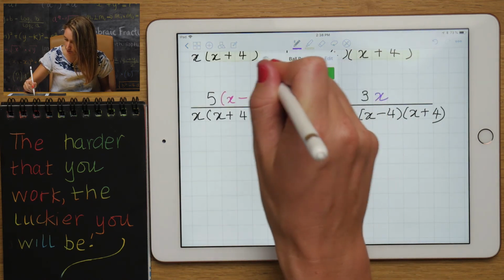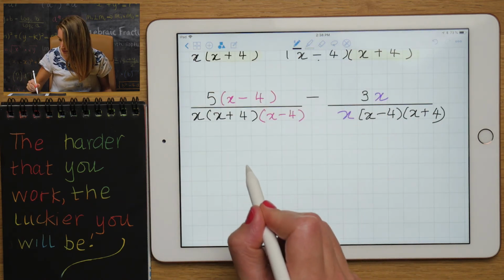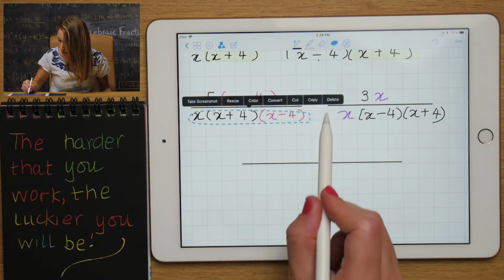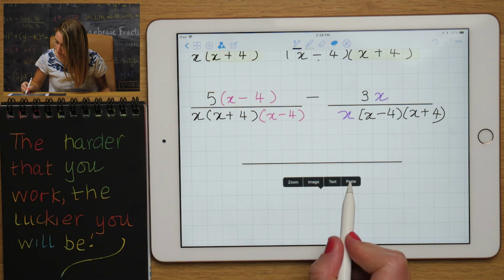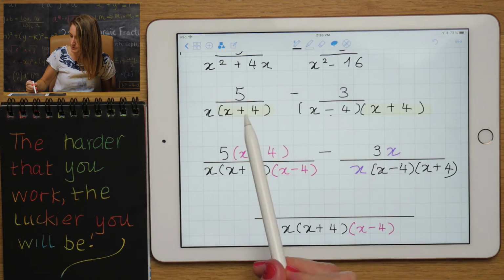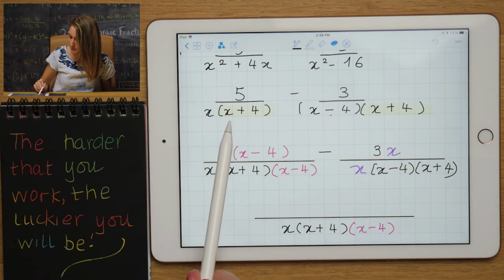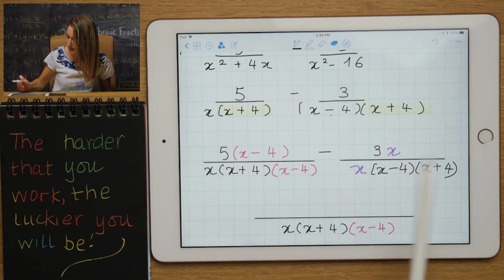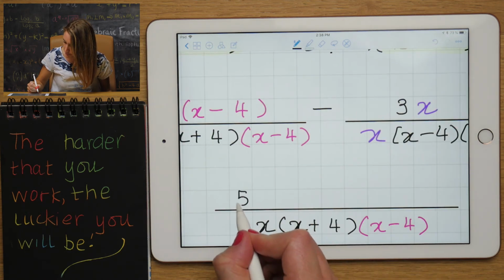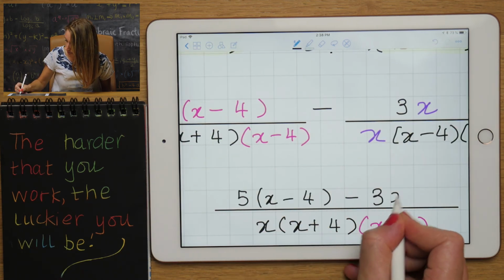So going forward, I'm a bit too lazy to write this again, so I'm going to copy this. That will be my denominator. I didn't repeat the x plus 4 because they both had it. I just added the x minus 4 to this one and the x to that one. And all I've got to do now is multiply at the top. And this will be minus 3x.